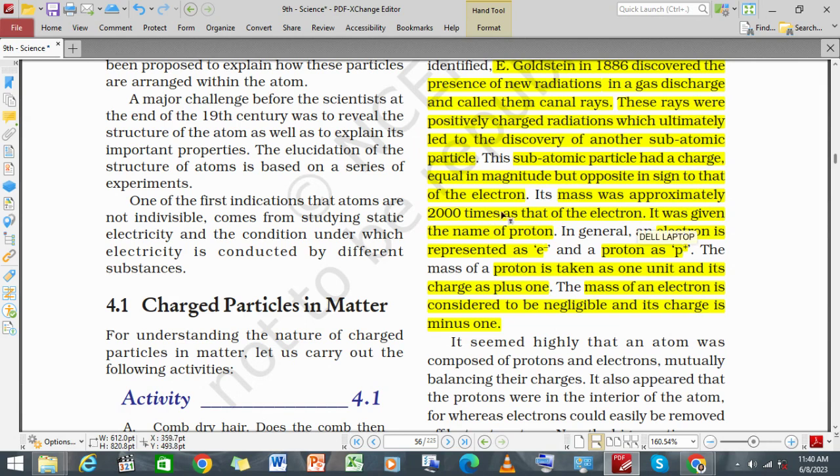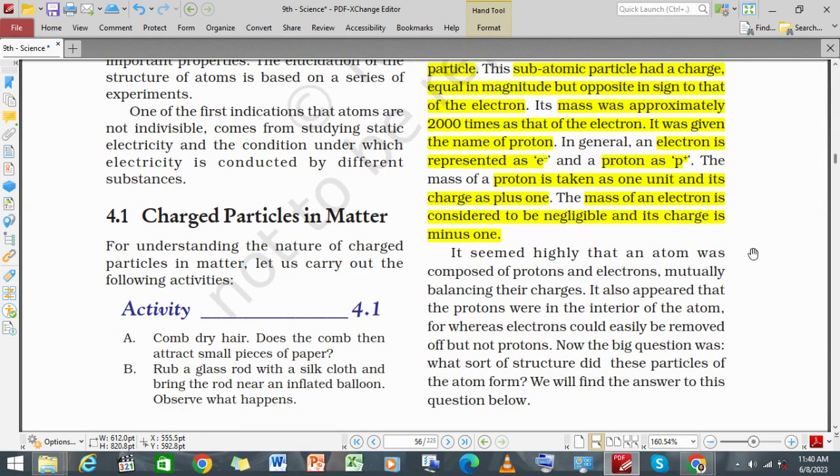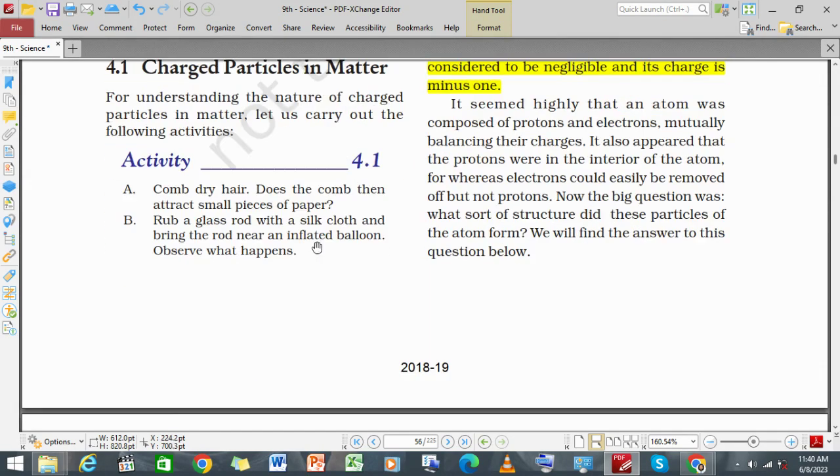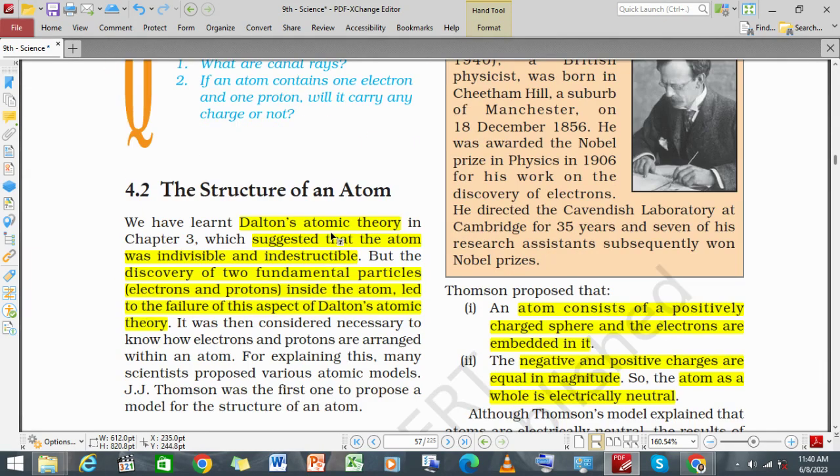That means the proton was heavier than the electron, and it was given the name proton. Generally, electron is represented by e minus and proton as p plus. Proton is taken as one unit and is charged plus one, and the mass of an electron is considered negligible and its charge is minus 1. All right, let's move forward.